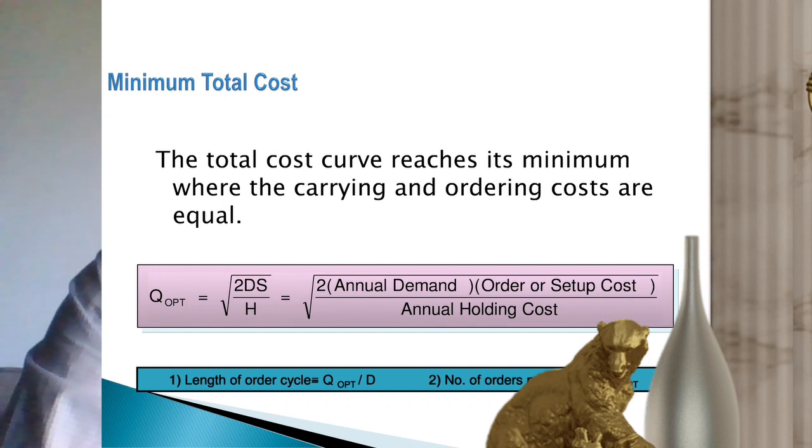EOQ, or Q optimal, is equal to the square root of 2 into demand into ordering cost divided by holding cost, or storage cost as it is also called. If you know this formula, you can calculate what quantity you should order to reduce the overall total cost. There are other formulas also. For that you can refer to my long slides, if you want. For the time being, if you understand this, you will not find difficulty in understanding other concepts.